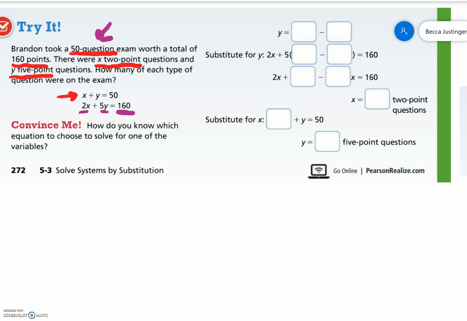So remember, the first step is to solve for one of the variables. They set it up so that we solve for Y. So using that first equation to get Y by itself, we need to get rid of the X's.